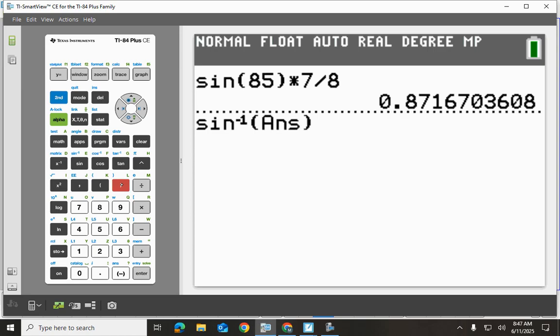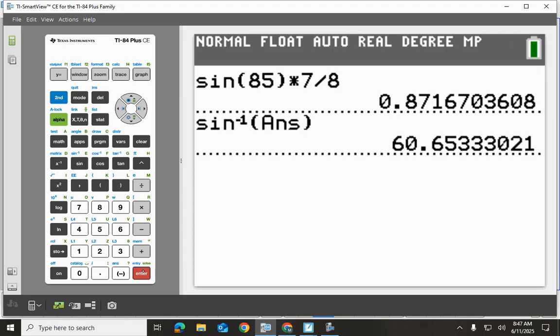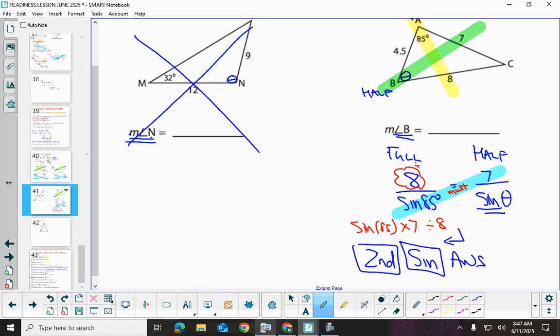What that does is it takes this answer and plunks it into that spot right there. We've used that button a couple times in this course. That's the angle. The angle is 61 degrees. So when you're looking for an angle, you have to do one more step.